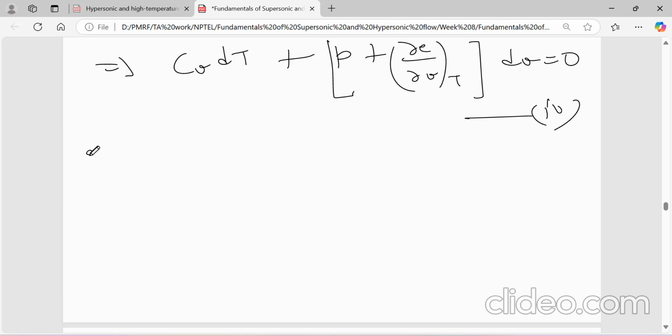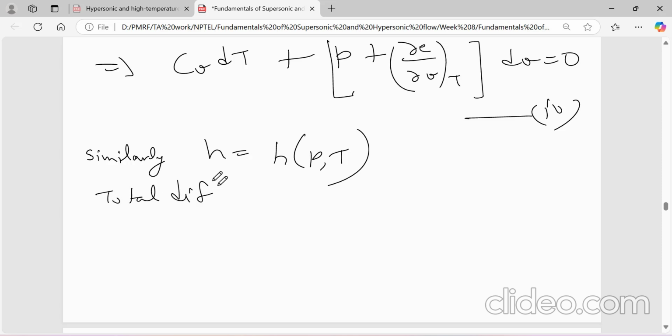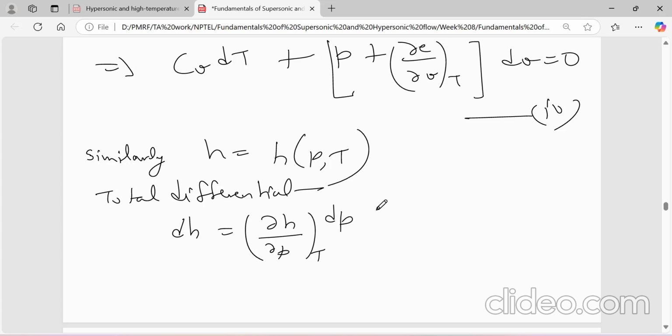Similarly, H is a function of pressure and temperature, so we can write its total differential also, which will be dH equals dou H by dou P at constant temperature dP plus dou H by dou T at constant pressure dT.